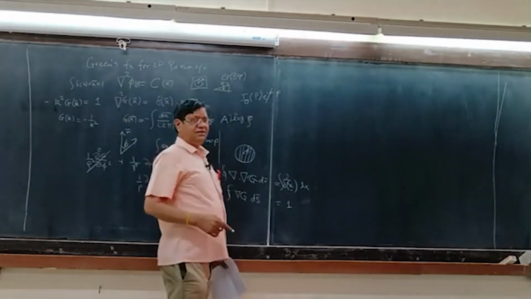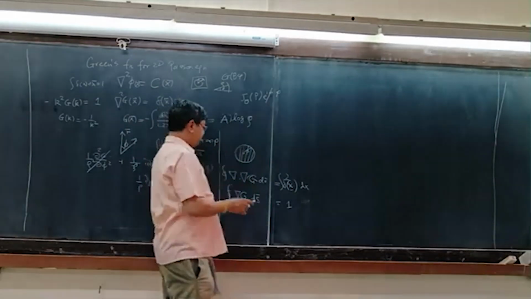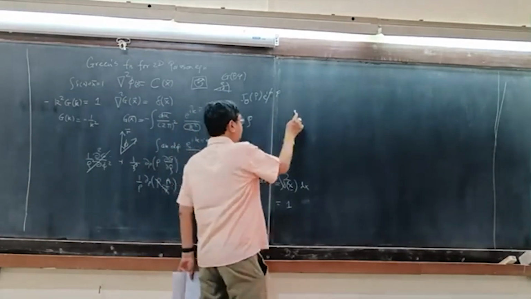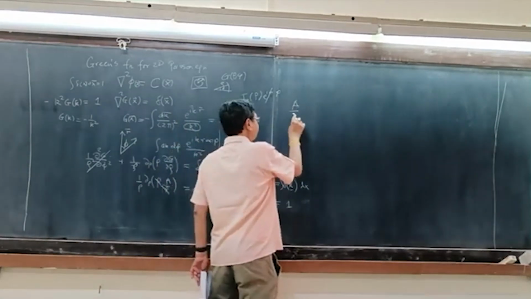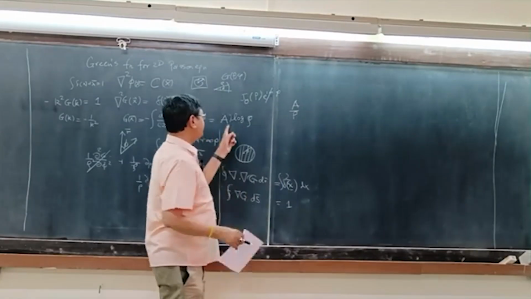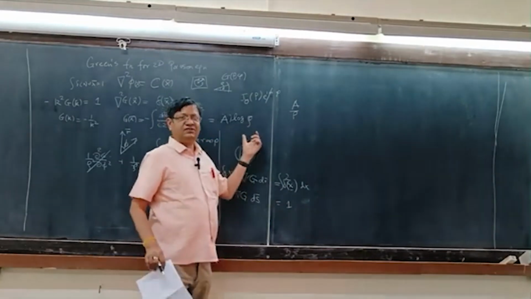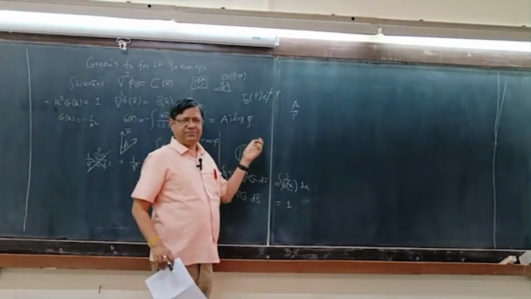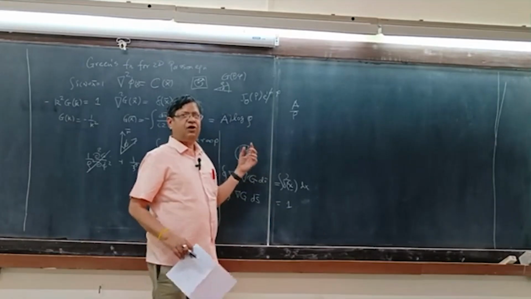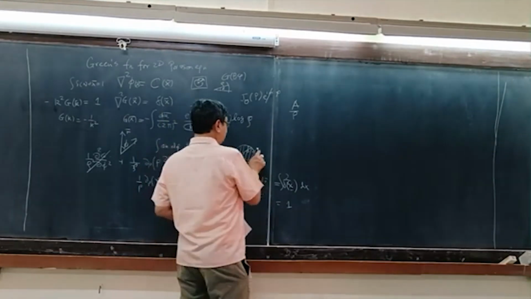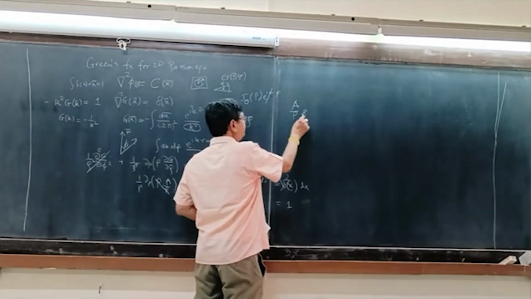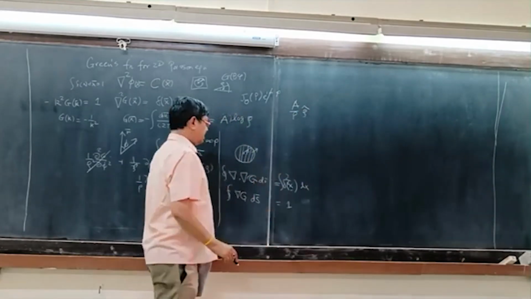Now I know G is of this form. So gradient of this is what? A by rho. If I take the gradient, I'll get A by rho, and the direction is rho cap, outward. The electric field is in that direction.